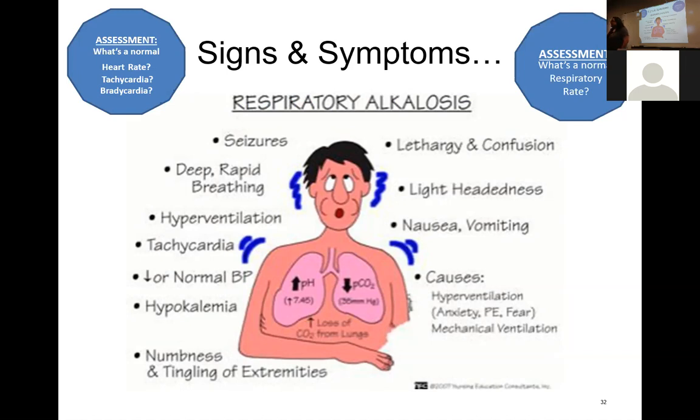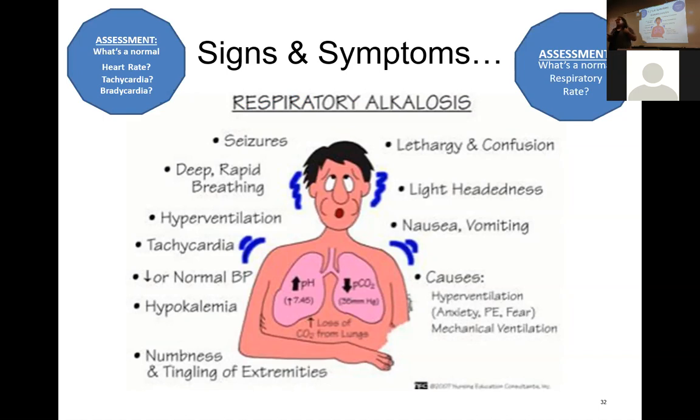They're going to get weak, and they don't always have enough compensation for it. So deep, rapid breathing, seizures, hypokalemia, confusion, nausea, vomiting. But the big thing here are the causes: hyperventilation, fear, anxiety.